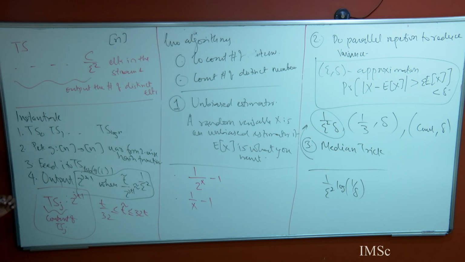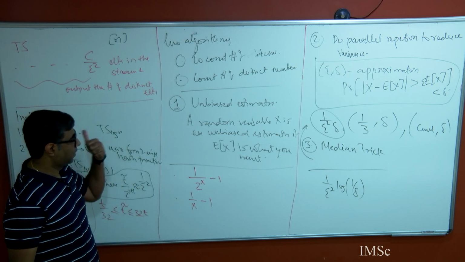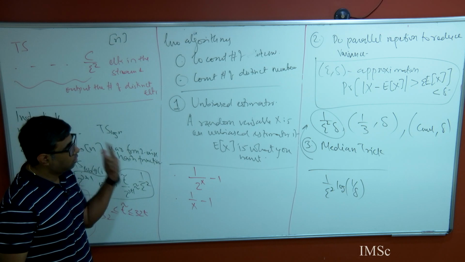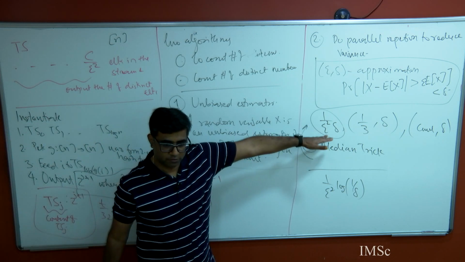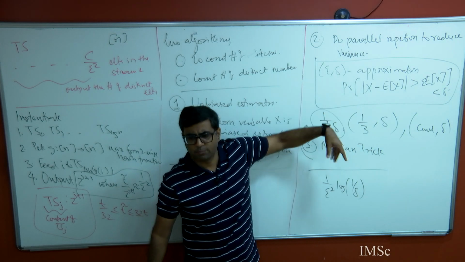So these are the three basic steps of most of the numerical algorithms that we see in streaming algorithms. Come up with an unbiased estimator, then do a parallel repetition to get a constant factor approximation. If you are directly able to get a constant factor approximation, you don't have to do parallel repetition.